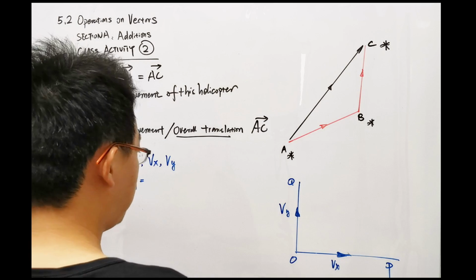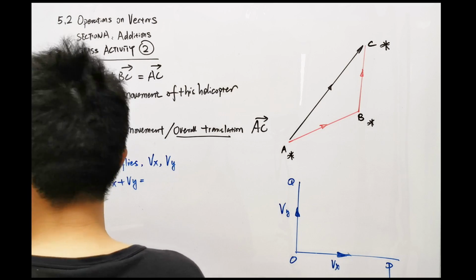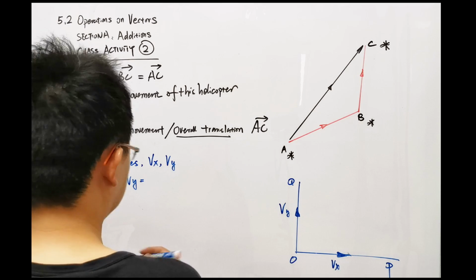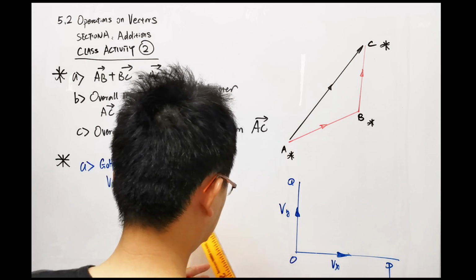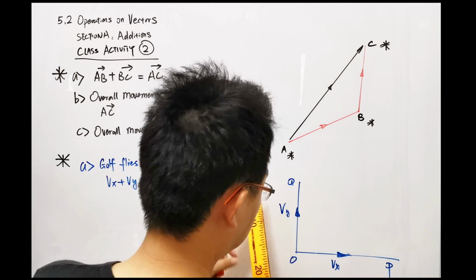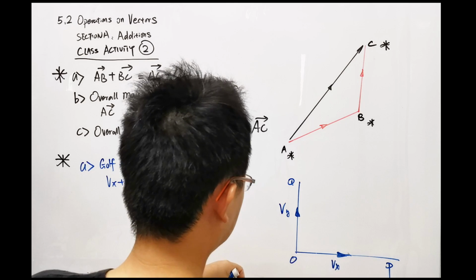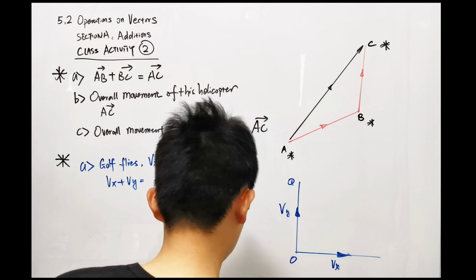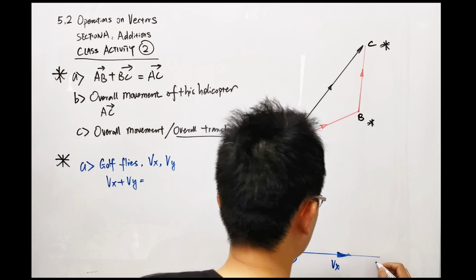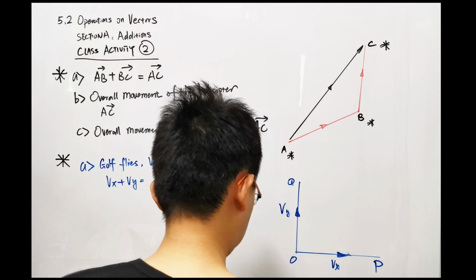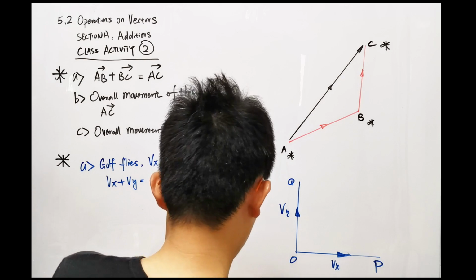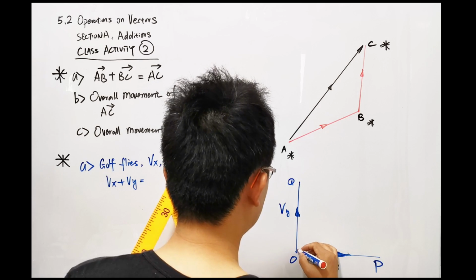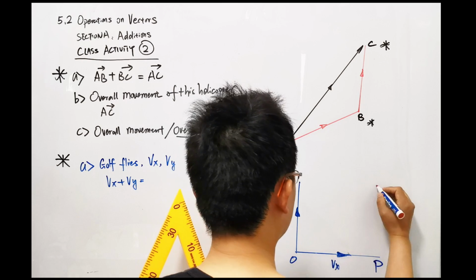In this case, we can draw the sum. We can transfer this line. When we use the parallelogram law, we just draw along this way.